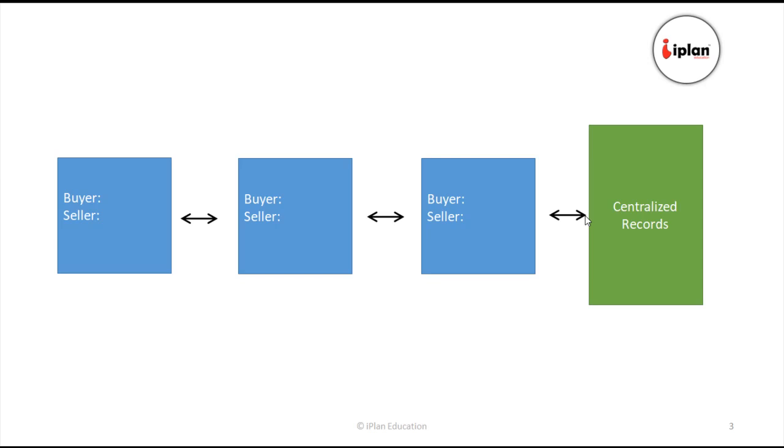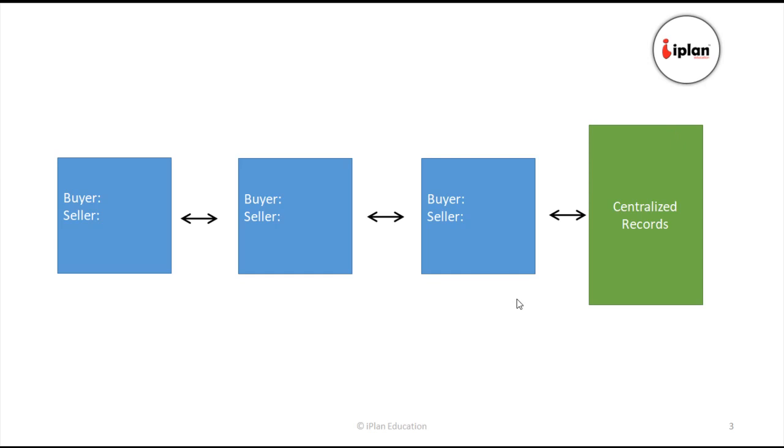Now, in this chain, if you want to alter any record, let's say you go back 10 years. You don't time travel, but you look for the record from 10 years before, and you manipulate some data in the government records, you create a fake purchase of an old government bond and create a title for yourself, and you alter the centralized record with the government, you can claim the property.